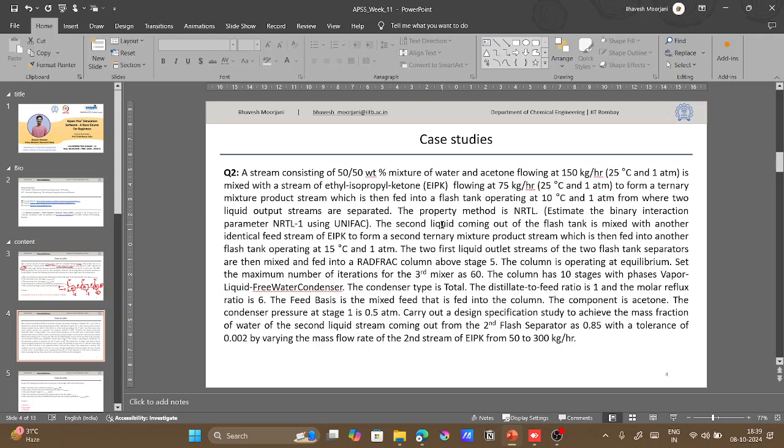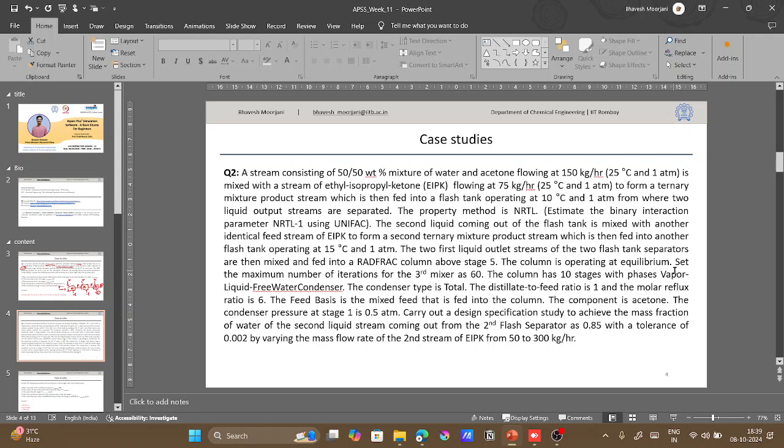The second liquid which is coming out of the flash tank is mixed with another identical feed of EIPK to form a secondary ternary mixture, which is fed into another flash tank at 15 degrees centigrade and 1 atmosphere. Again, from the second flash, the first liquid outlet streams of the two flash tank separators are then mixed and fed into the RadFrac column on above stage number 5.